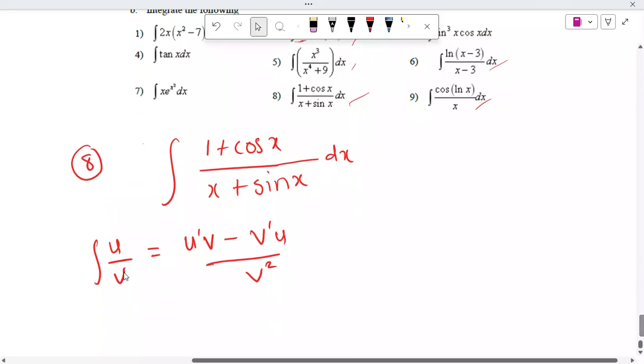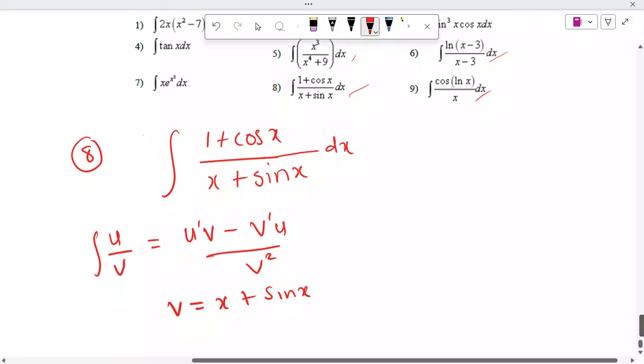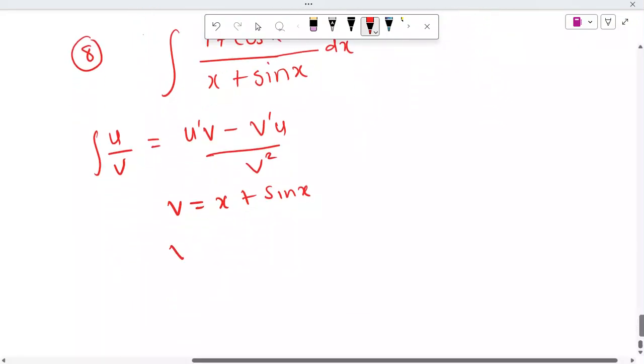Okay, so v is the denominator, so we write v is what? v is x plus sine x. Then v prime is differentiating: differentiating x is just 1, because remember the derivative of x to the power n is n x to the power n minus 1.